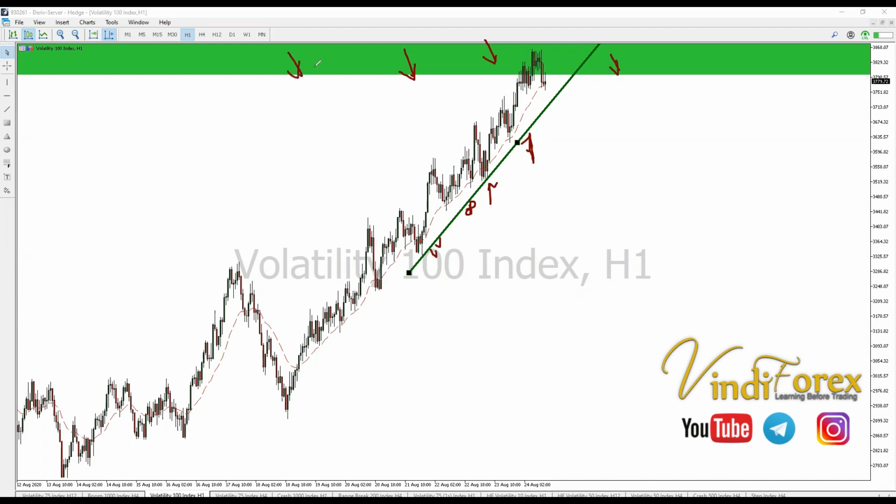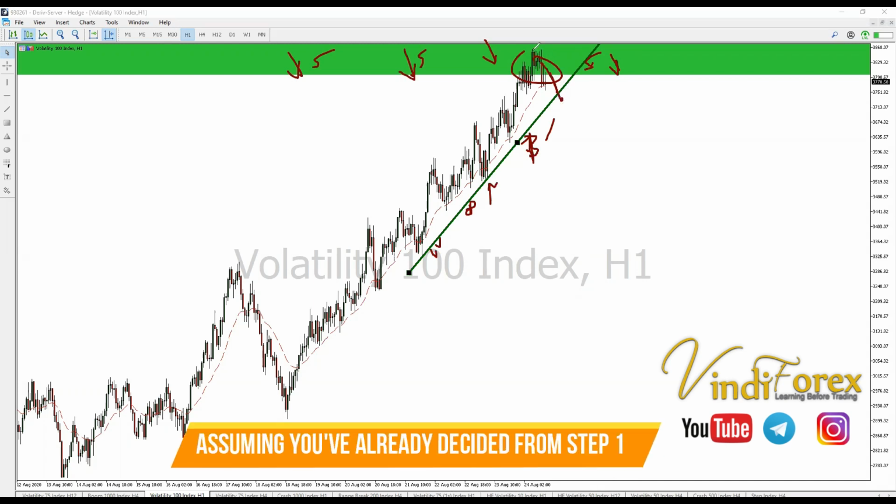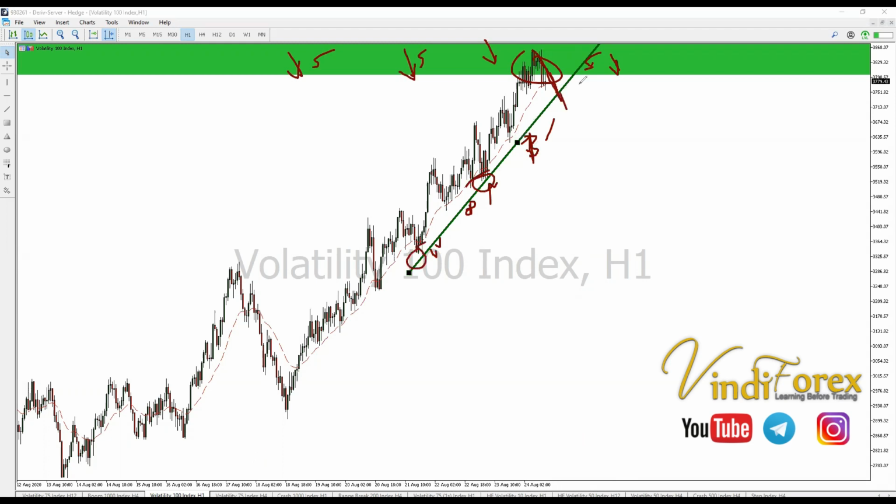So as a seller, you need to make sure that this war is over, like sellers are taking over. As soon as sellers break out of this buyers' territory, obviously that is a cool signal that price is ready to go down. I believe this is very easy in my opinion.